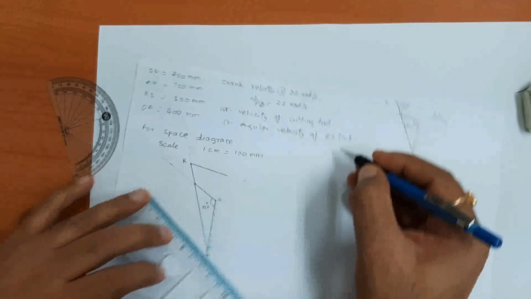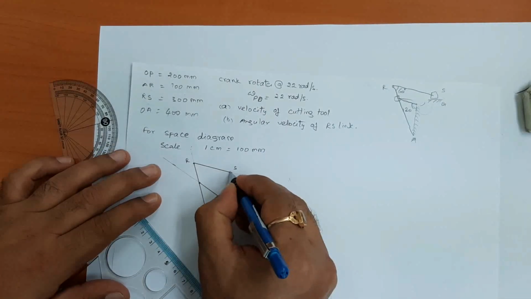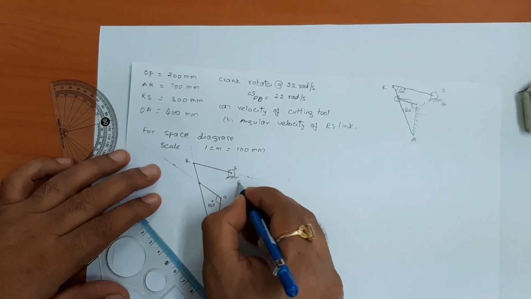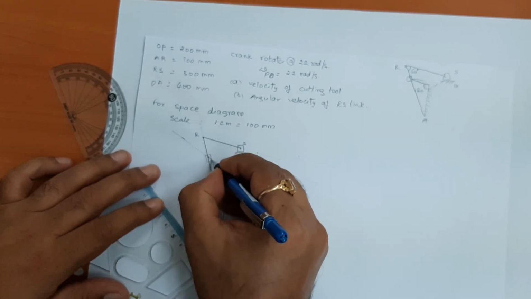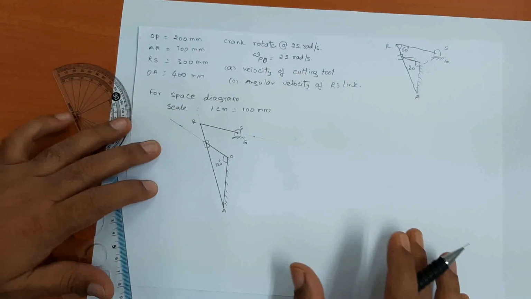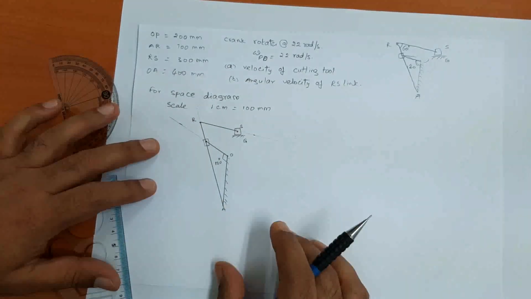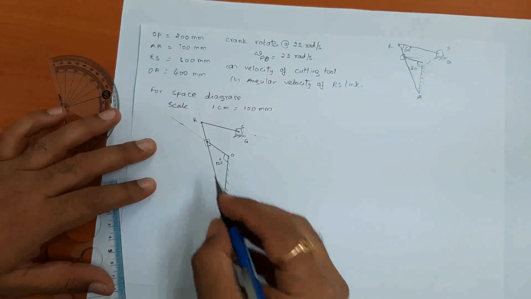Okay, so this is the slider. Okay, you can mark like this. Okay, so this is also a slider like this. Okay, so this is a crank and slotted lever mechanism. So from this we will try to understand how to draw a velocity diagram. So first we assumed a P on the slider.